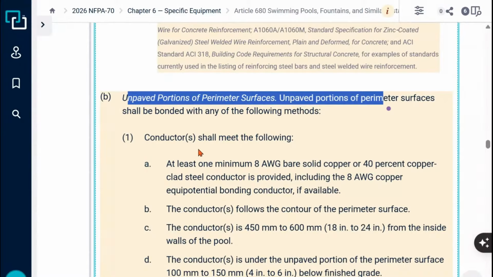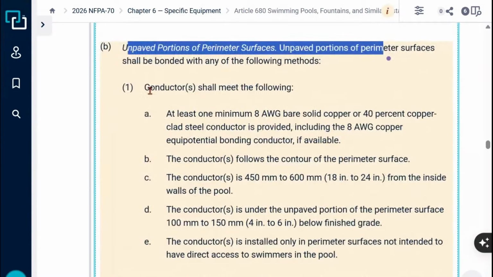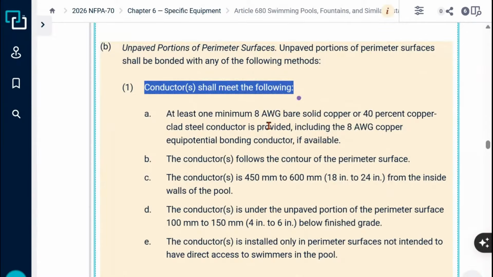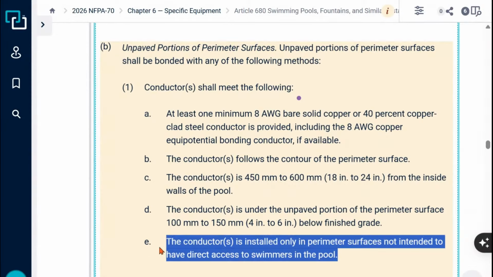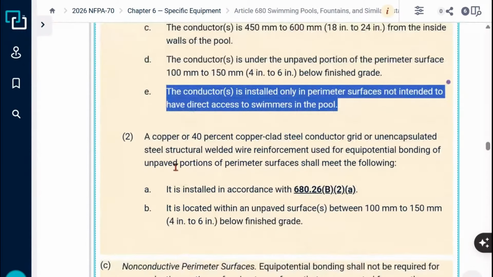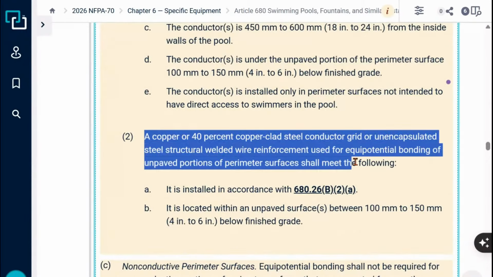The problem with that is you get down here to the single conductor. This option has nothing to do with the 3 feet. It's 18 to 24 inches out with the single conductor, if you meet all these caveats, which is probably not going to happen. So you're going to end up at this option, and this is going to tell us that it should be installed in accordance with B2A.